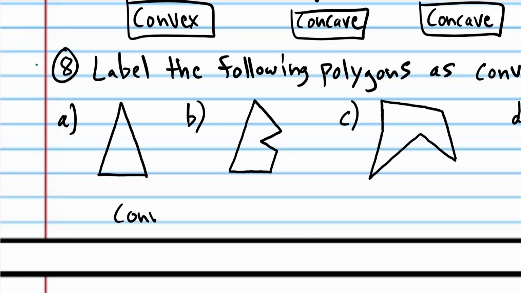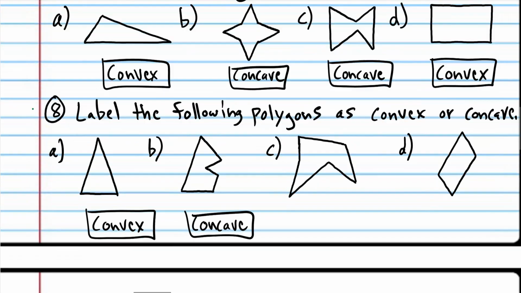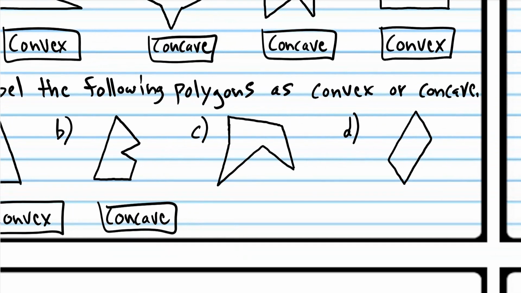This is a convex polygon. And this is a concave polygon because the right part of the polygon is caved inwards. So this angle here looks like it would be about 300 degrees. That's much bigger than the 180 degrees. This is also concave.